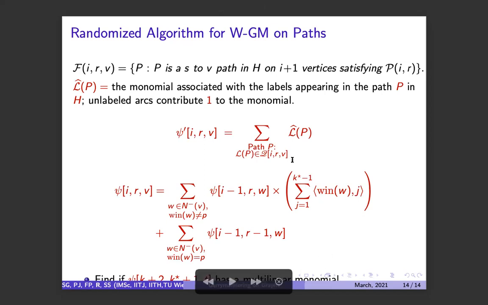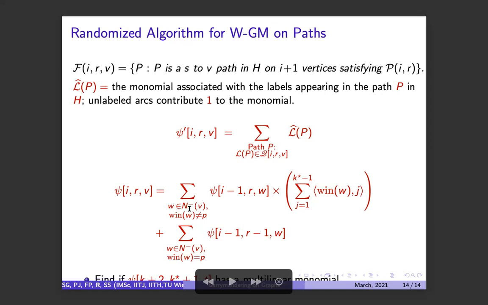So what we do here is that we want to store these labels, the monomials corresponding to the labels, right? So if you have path P, this L hat P is the monomial corresponding to the labels on this path, and this is what we want to store. We can compute this recursively.